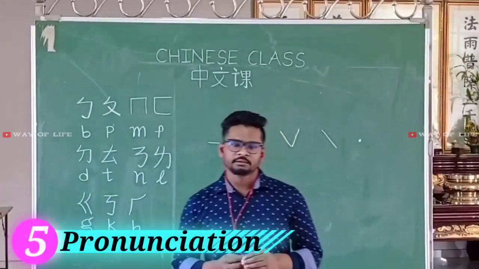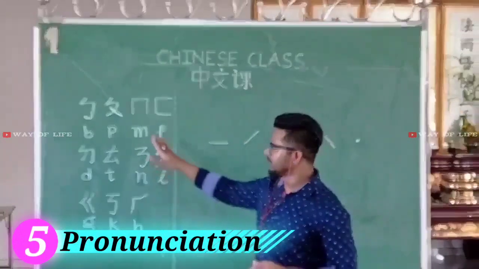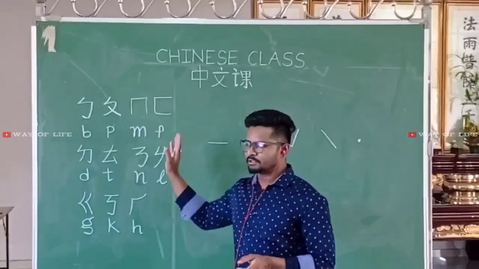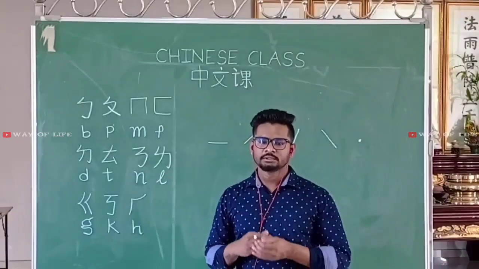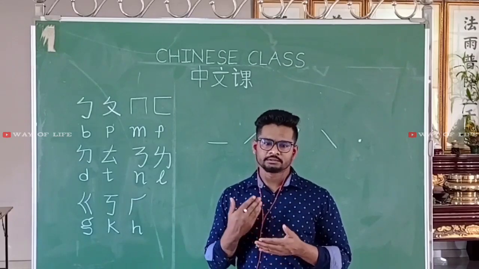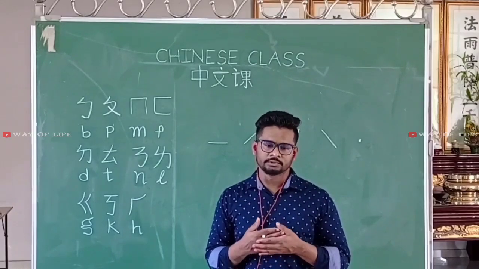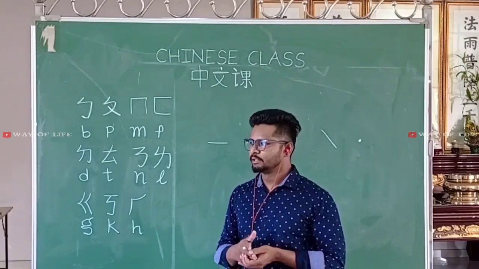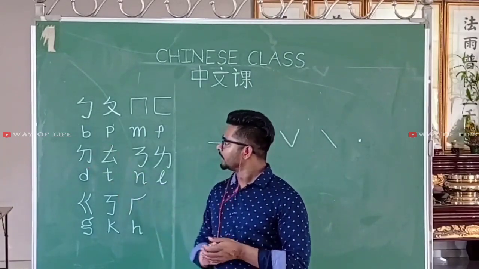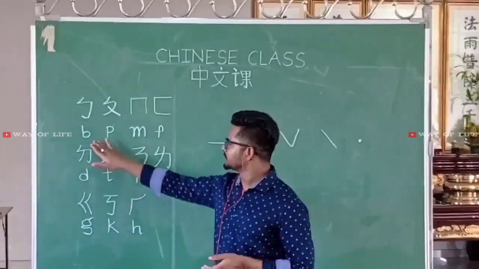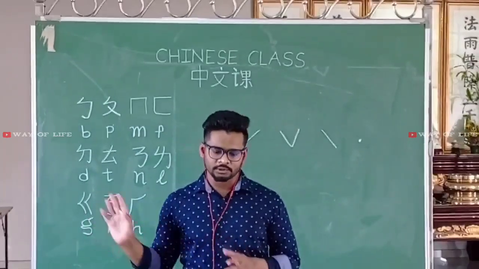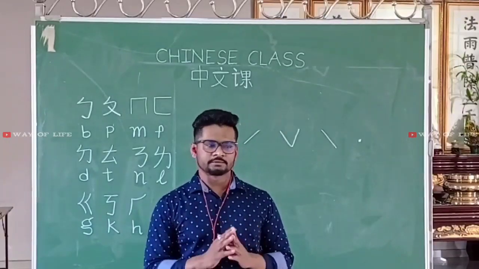I will recite. Let's just practice the recitation of the first 11 alphabets. I will try and pronounce, and then you guys have to imitate what I pronounce or what I told you. Okay. In Chinese, let's say the first alphabet is P. All the alphabets should be in the first tone.